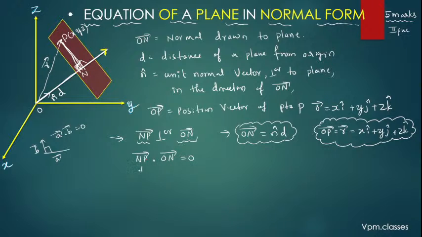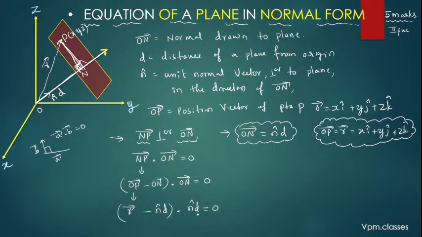Then we can write NP vector, with reference to the origin, as OP minus ON, dot ON vector, equal to 0. From the figure we can observe OP is my r vector, and ON is already written as n cap into D. So r minus n cap D, dot n cap D, equal to 0.